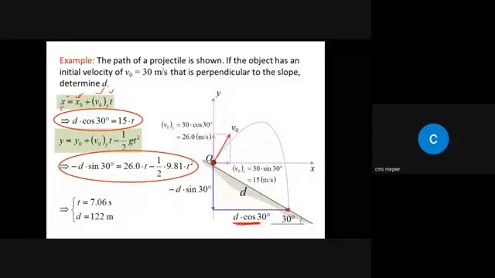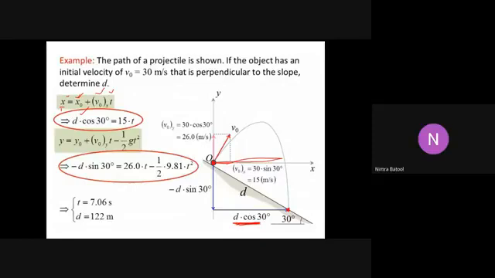This is the x distance which it covers from here till this point, which is given by d cos 30. So x is equal to d cos 30. Can you hear me? Yes, sir. Okay. And v naught x is given by 15, so this is equal to 15t.